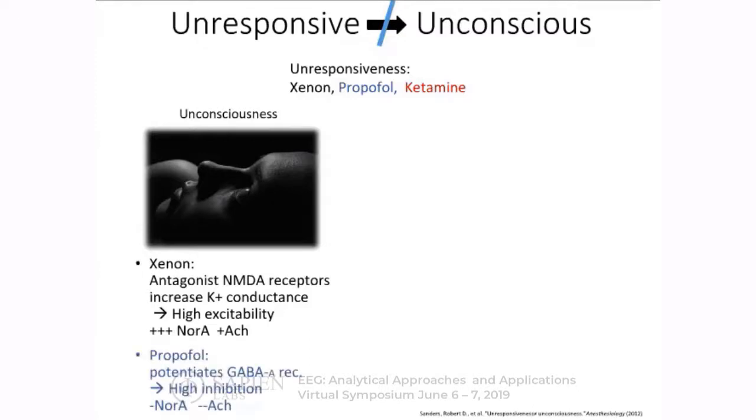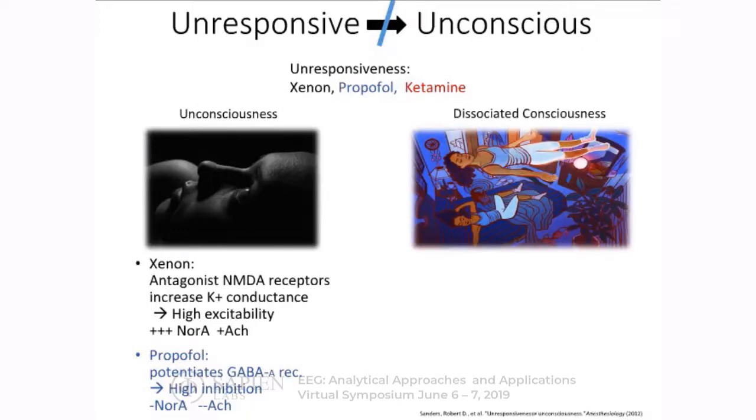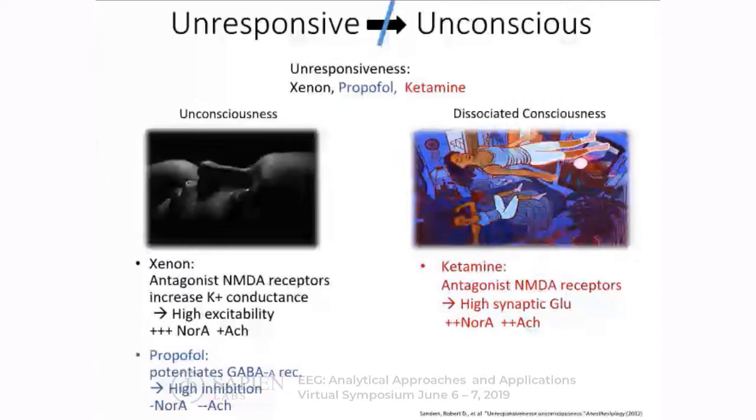We also used propofol, a more classical agent that is essentially potentiating inhibition. These two drugs produced, according to follow-up reports, a state of unconsciousness. Instead, we also used ketamine, and invariably this agent gave rise to a state of dissociated consciousness, as depicted in the cartoon.